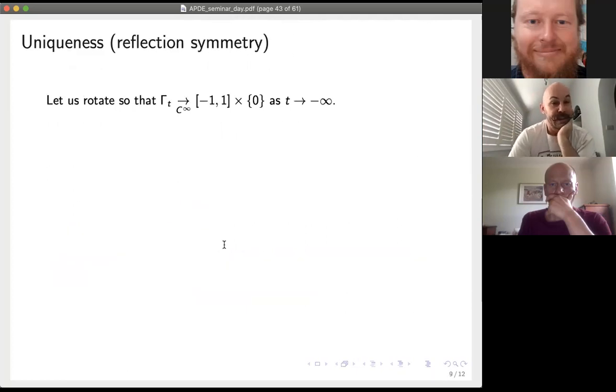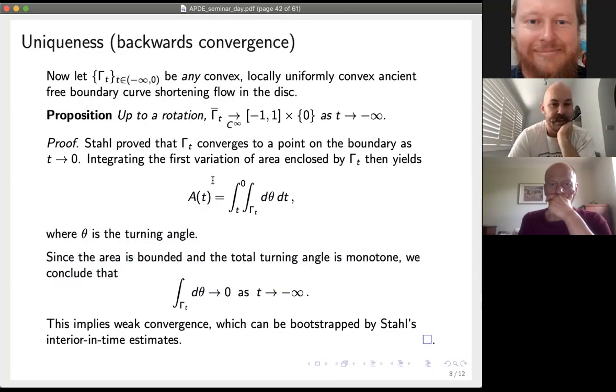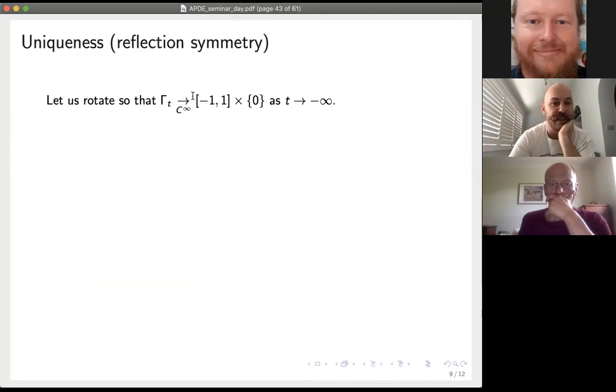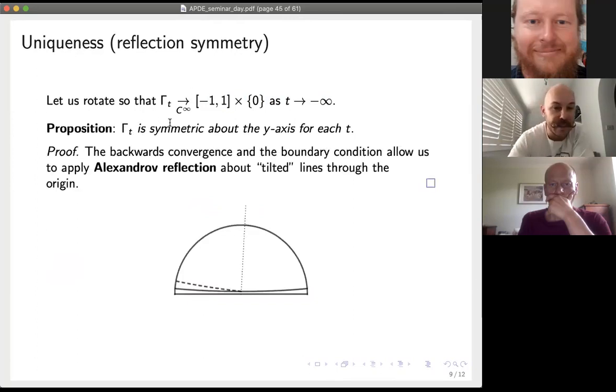The next step: modulo a rotation, we can arrange that the limit bisector is the horizontal one. And so we next prove that the solution is reflection symmetric about the y-axis. That's not too hard, so let me give the picture. To prove that, you take a line through the origin which has small but positive angle with the y-axis.